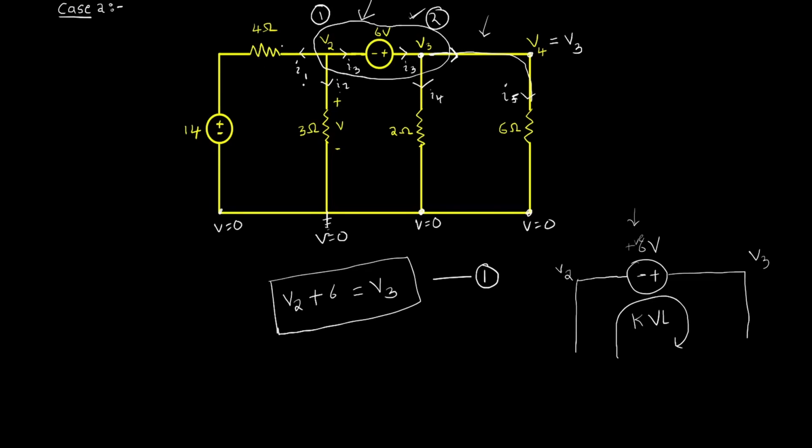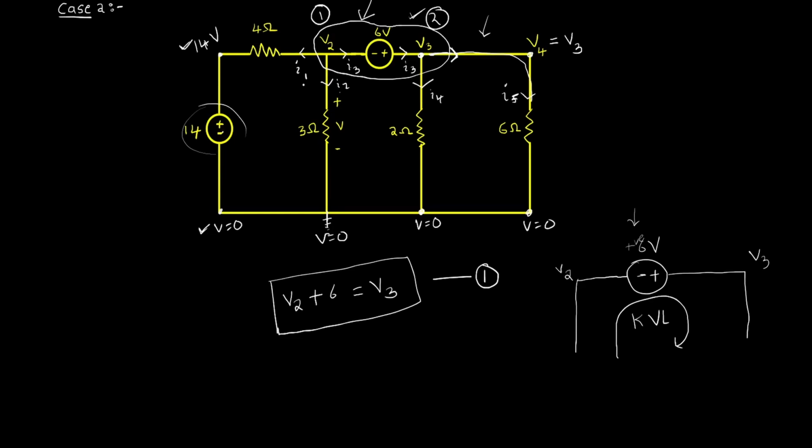Here we can see that the current I1 is passing through the 4 ohm resistor and is going through the 14 volts. As we know, the potential difference must be equal to this minus this, so this will be the 14 volts potential.